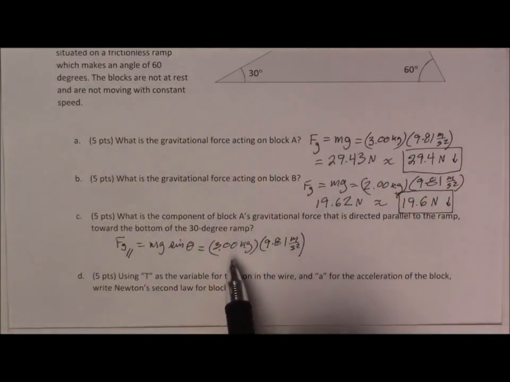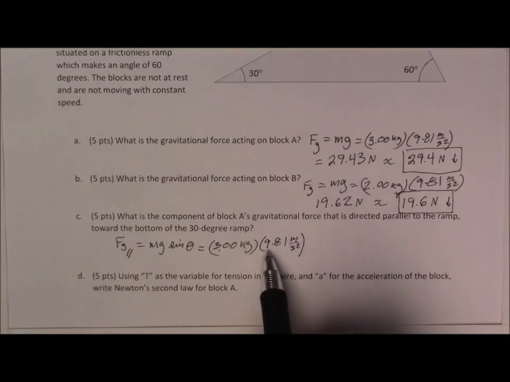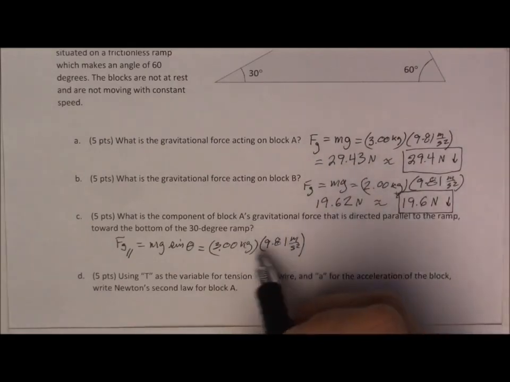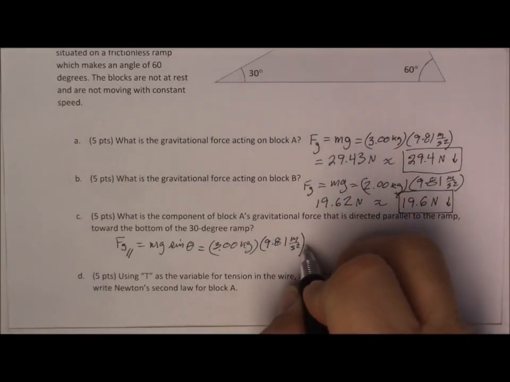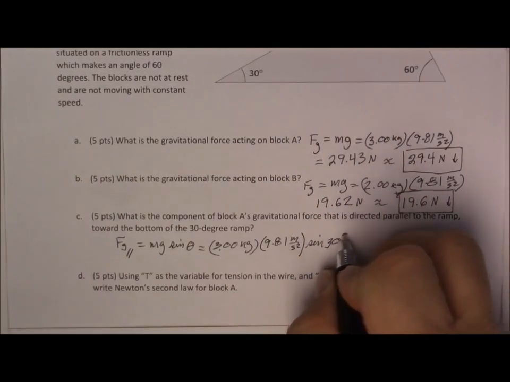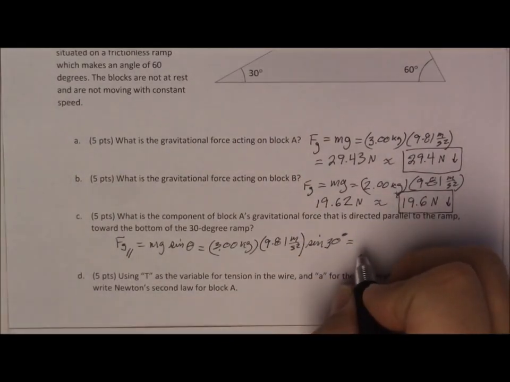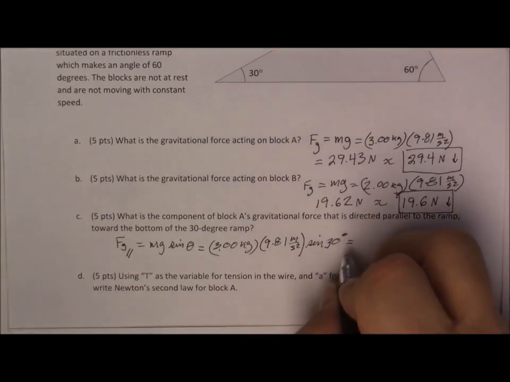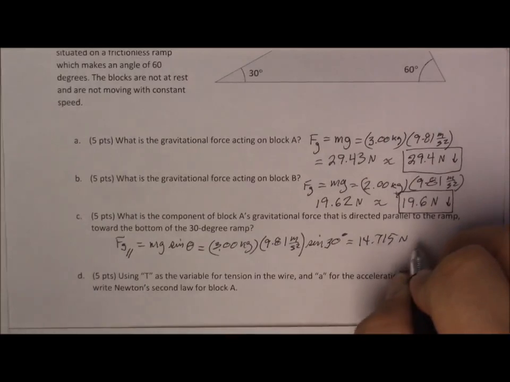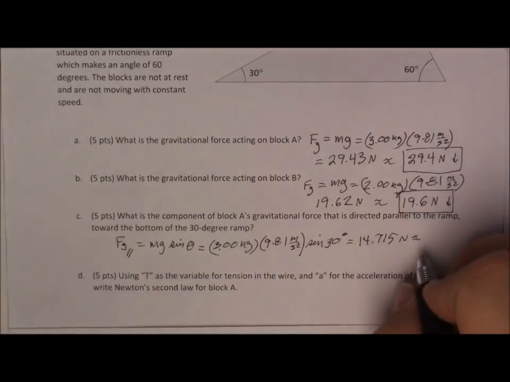Now, instead of writing that out, we could just use our answer for part A, since we've already calculated that part. But I choose to write it out like this here, times the sine of the angle there, which is 30 degrees. So that parallel force ends up being 14.715 newtons, and I will round that to 14.7 newtons.